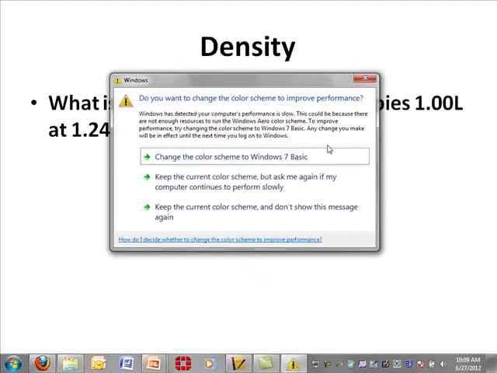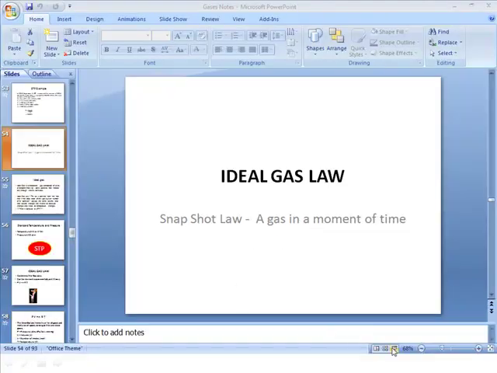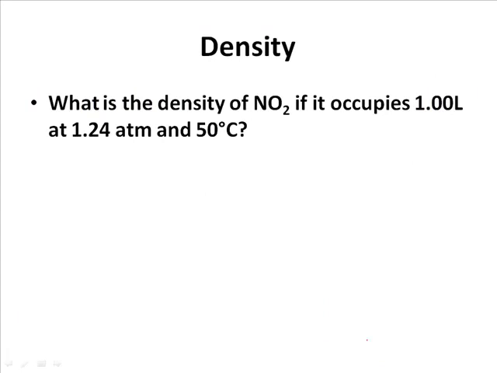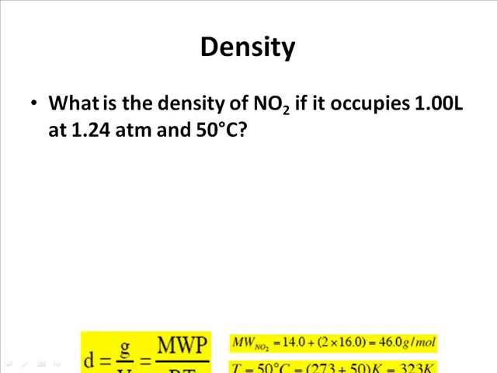Here's a sample problem. What is the density of NO2 if it occupies 1 liter at 1.24 atmospheres and 50 degrees Celsius? Again, you have to change the degrees Celsius to Kelvin, and we need to figure out the molar mass of NO2.